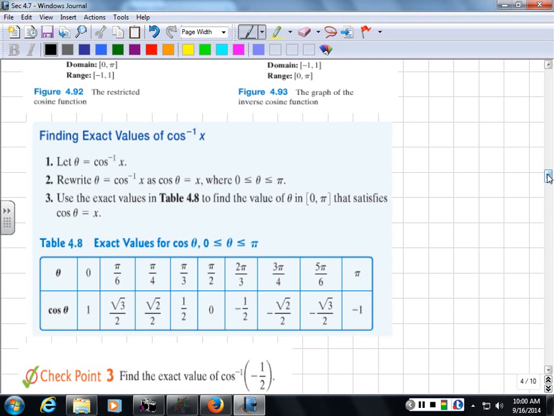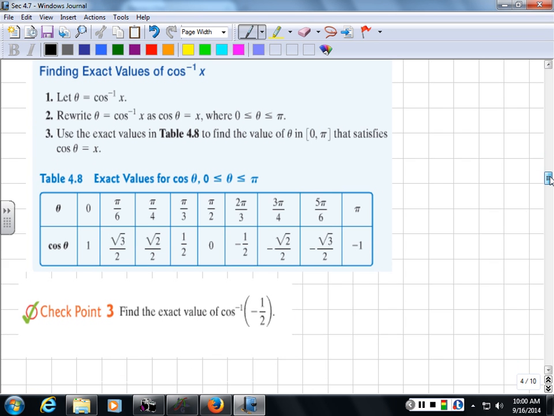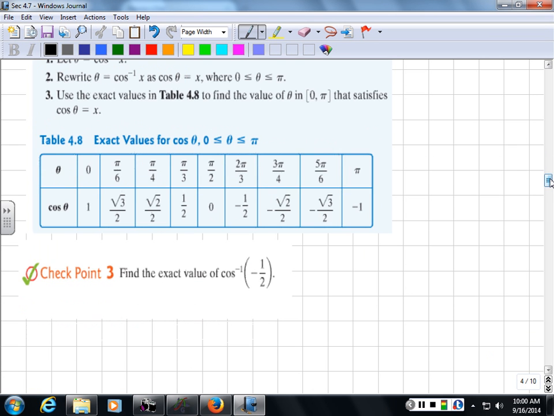These are my x values that are associated with that on the unit circle. So if I look at this particular problem right here, it says find the exact value of inverse cosine of -1/2. That means that this is equal to theta, and I'm trying to find the solution for cosine theta equals -1/2, which is theta equals 2 pi over 3.